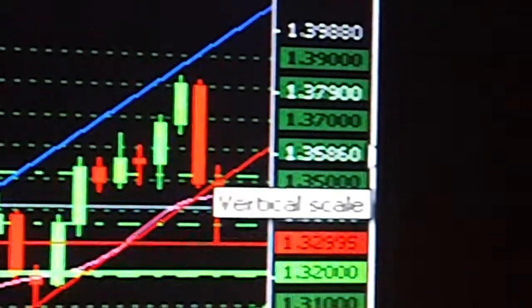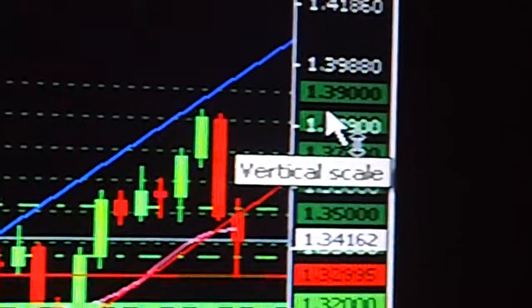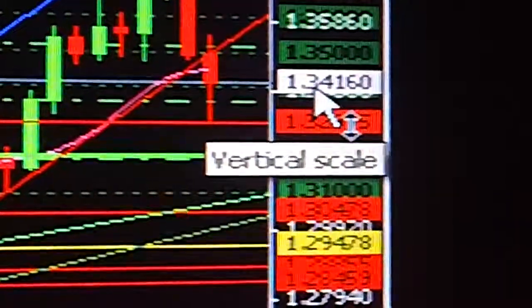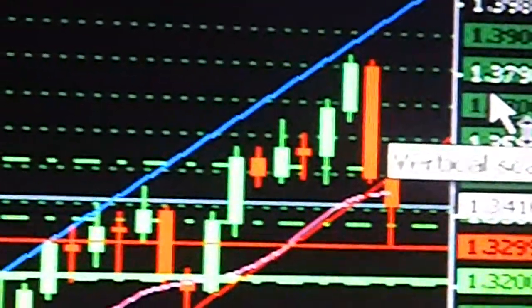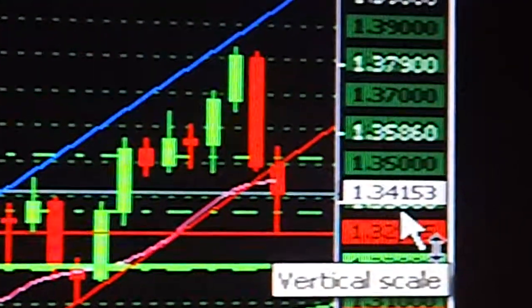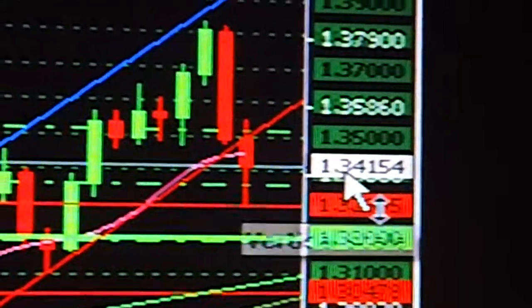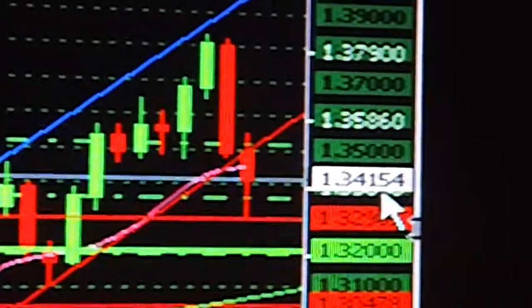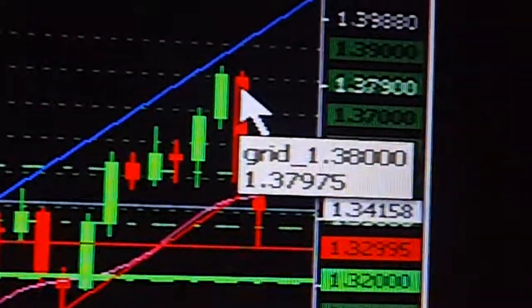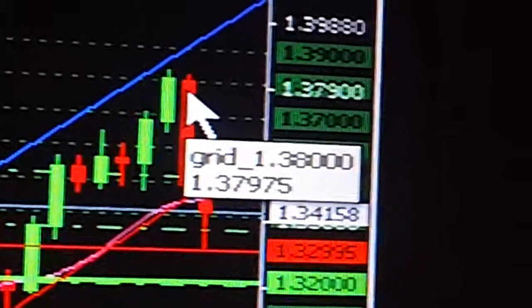If I sold at $1.38 up here, for a $10,000 lot, and bought it back at $1.34, that's 4 cents, times 10,000 euros, and that makes a lot of money.